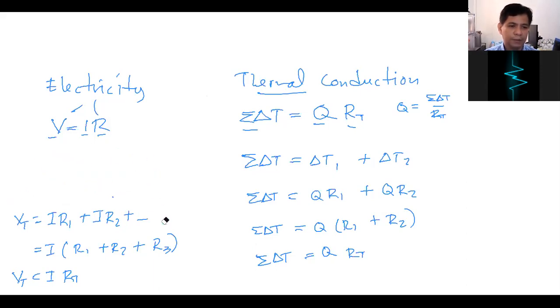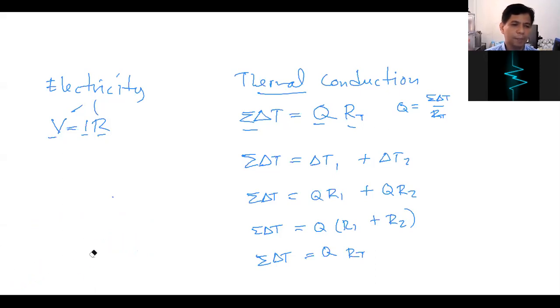Tandaan niyo pa ba ang physics niyo? I'm assuming na may stock knowledge kayo sa physics na to. Pag parallel kasi ang resistors, halimbawa, ganito, ito yung R1, R2, R3.